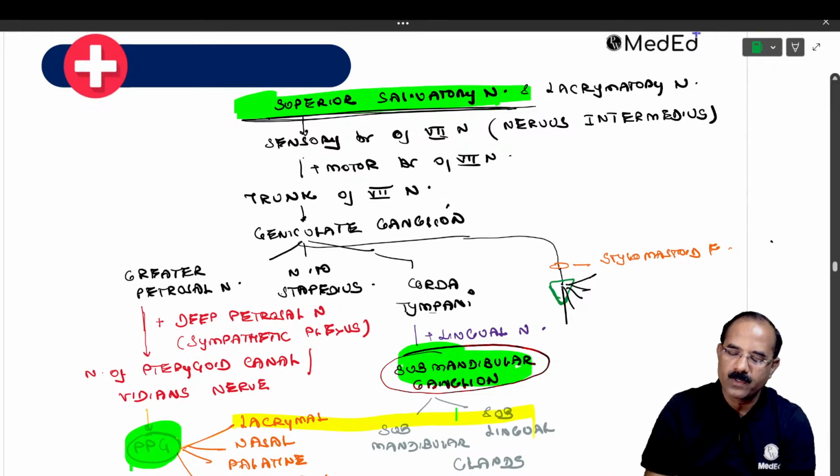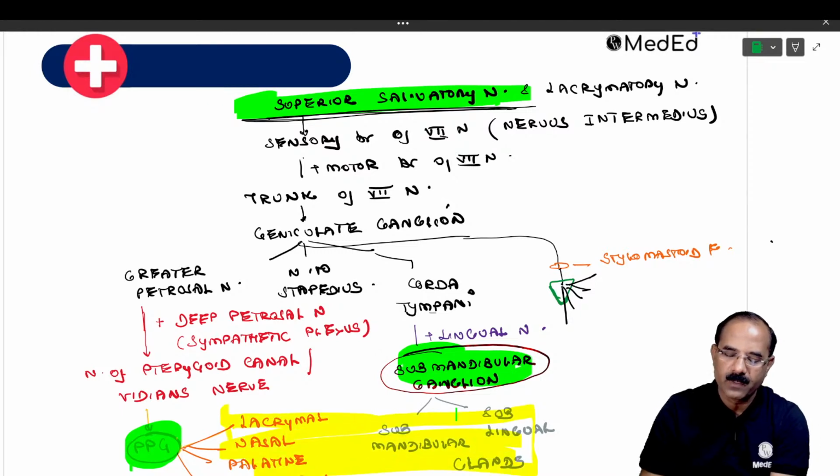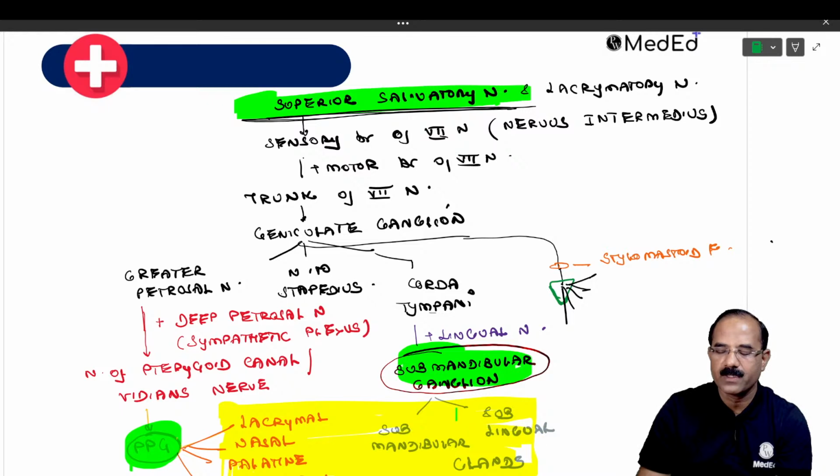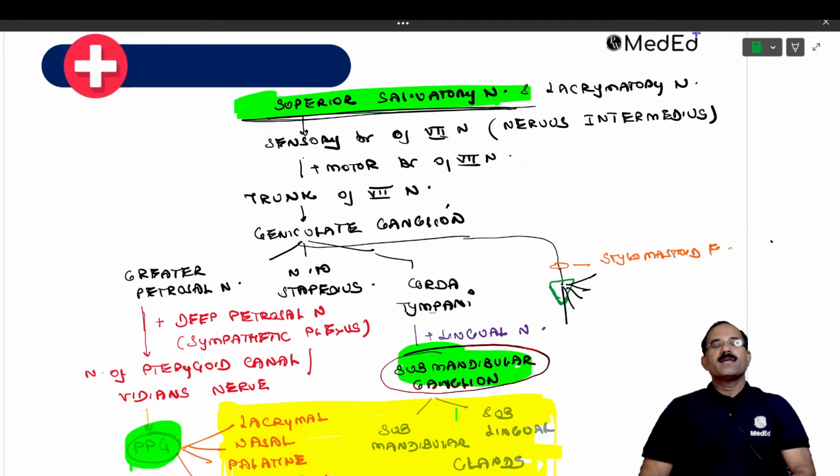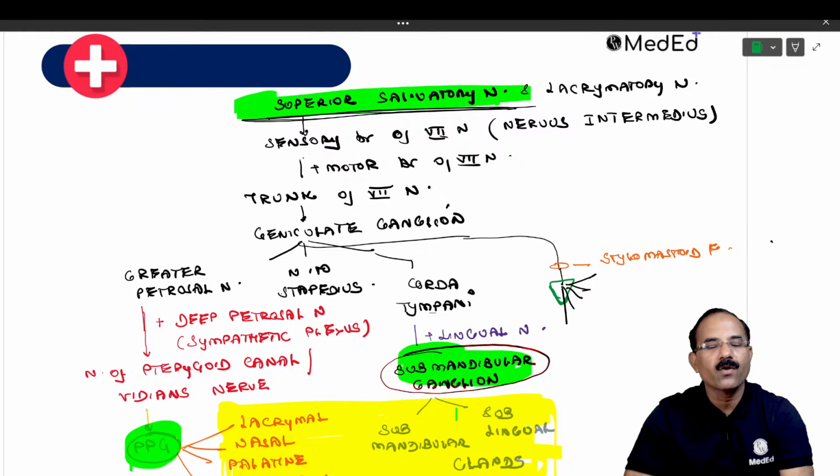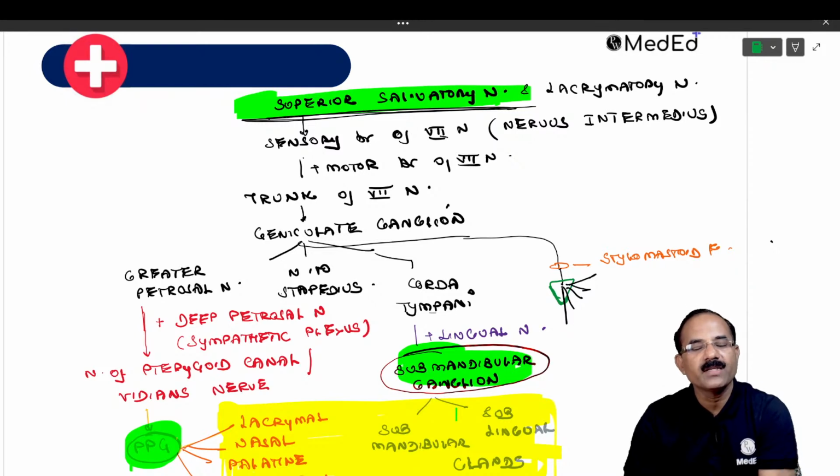What is all this? इसका मतलब क्या है? एक स्टेटमेंट लिखा था आपने, देखो. We had written a statement. What is all this in yellow? नर्व टेरिगॉइड कैनाल और वीडियंस नर्व है, स्मरण, Vidian nerve, नर्व टेरिगॉइड कैनाल और द वीडियंस नर्व.